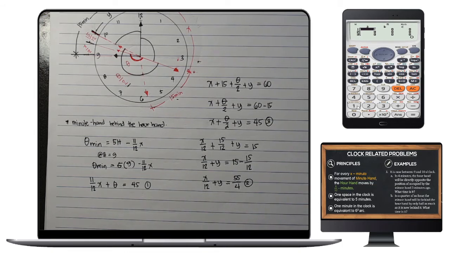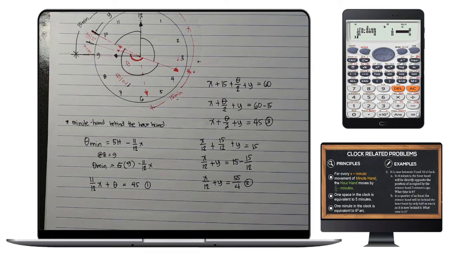So from equation 1, that is 11 over 12x. Then theta is 1. Y natin is 0 kasi wala naman siya doon. Constant natin is 45. Then, from equation 2, x is 1 over 12. Then, theta natin is 0.